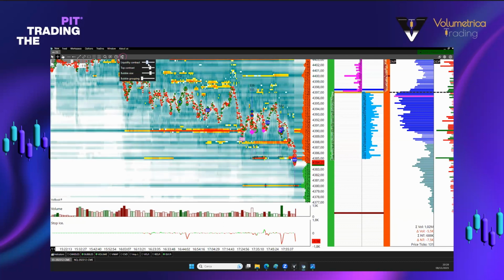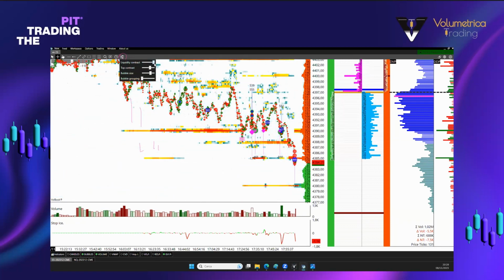If you move the lever to the left, you're making it less sensitive, so you will have more levels shown with low liquidity, so we have more green prices. If you move it to the right, it becomes more selective, so we will only have shown the main blocks of liquidity compared to the calculation the algorithm does.